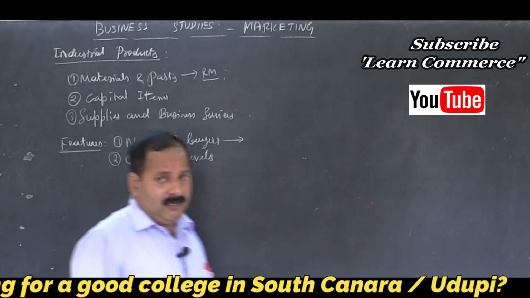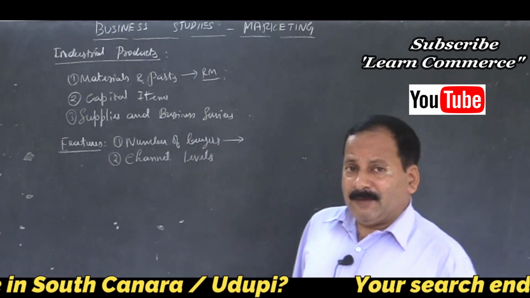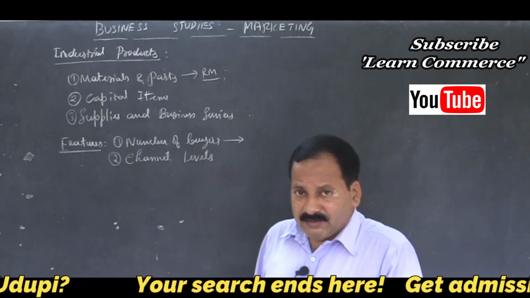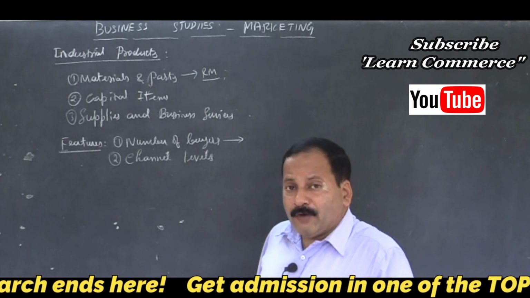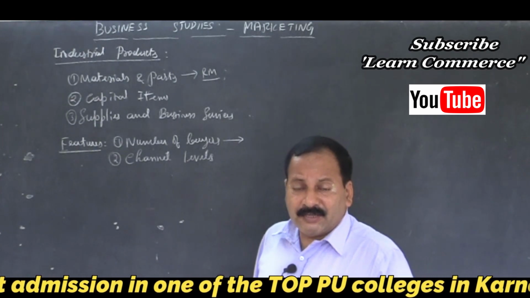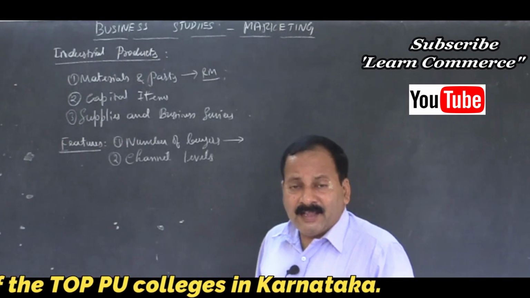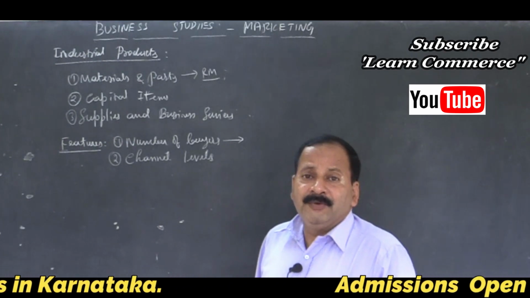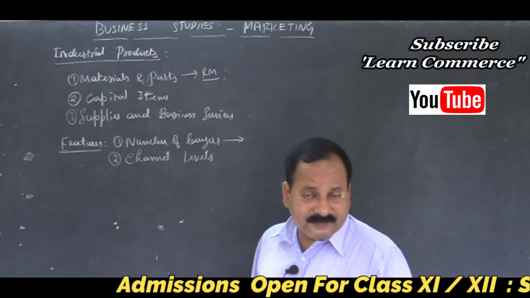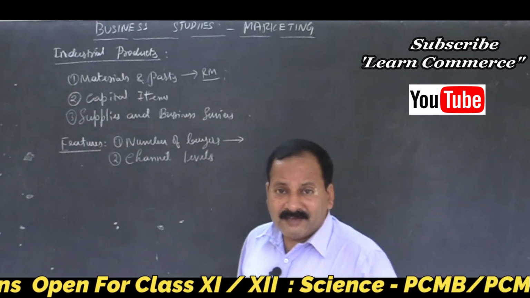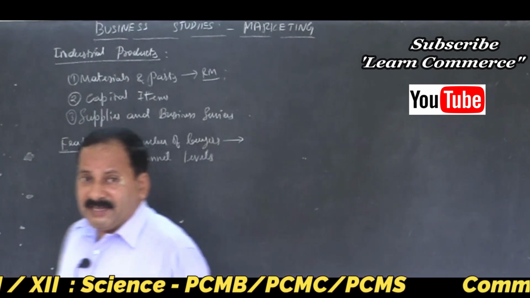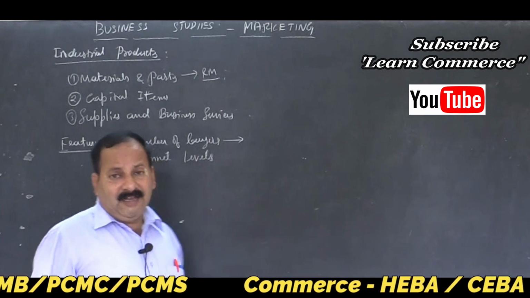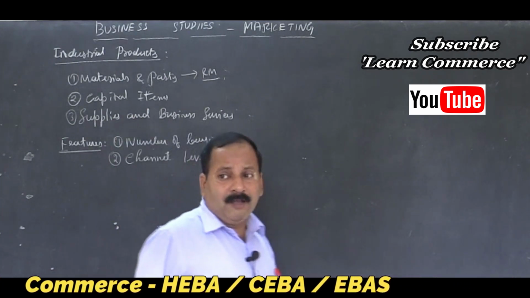In case of agricultural industries, they buy directly from the agriculturists, or they grow in their own farm. Like Tata, they have their own tea estates, from where they will collect the raw materials of tea, that is tea leaves, and they will use it in their own company, isn't it?